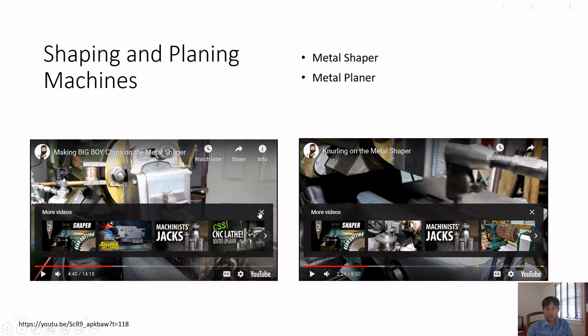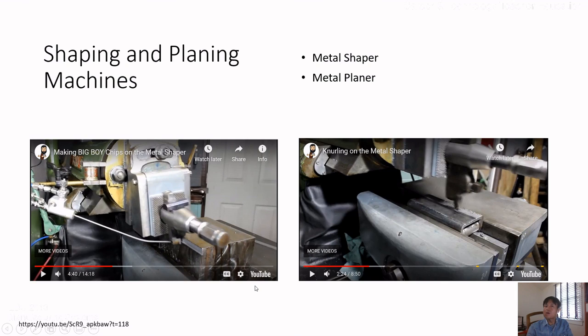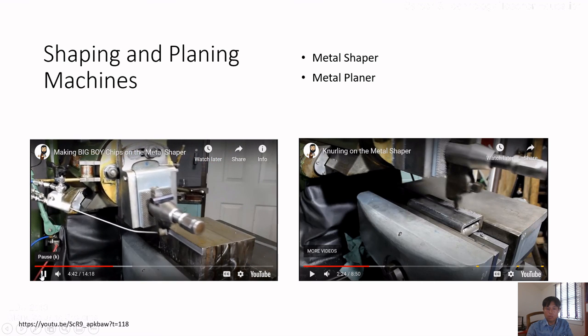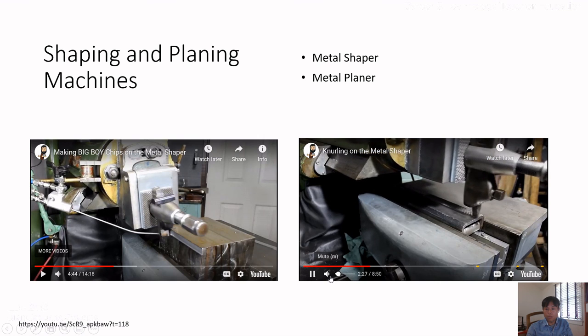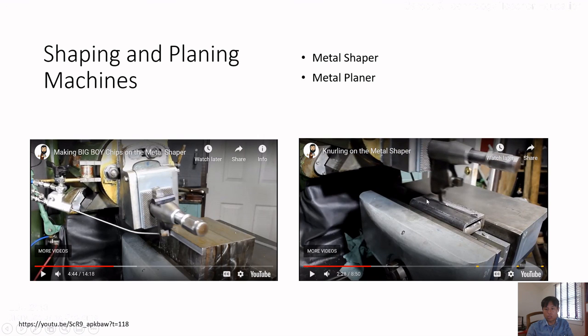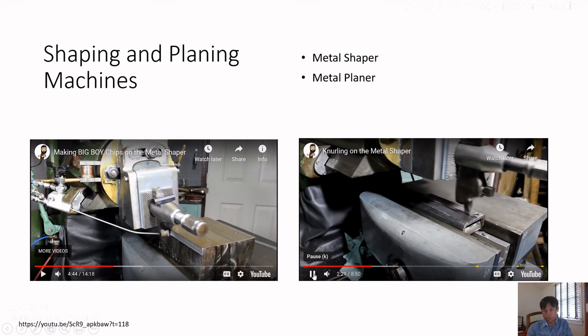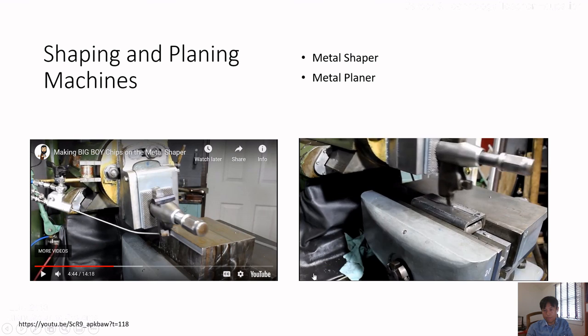So how are they different? What are the differences between the two machines? The movements are different. This machine cuts the material with a back and forth movement, reciprocating motion, and this one here only cuts the material with a one-directional force.